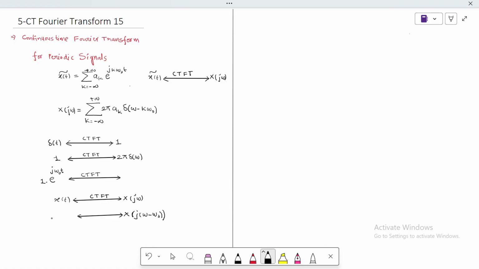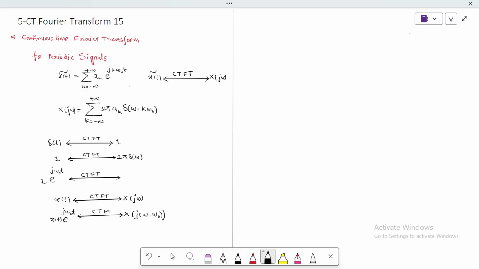So this is frequency shifting. For frequency shifting, just multiply with the exponential. Here, a delay is not involved, so we take the advance, plus e power j omega naught t.